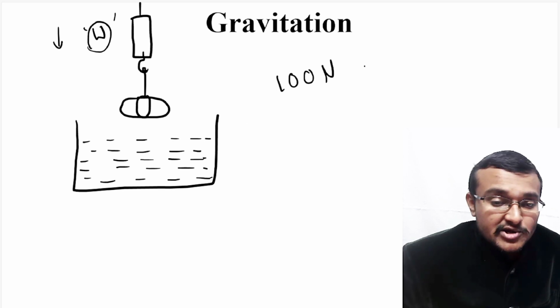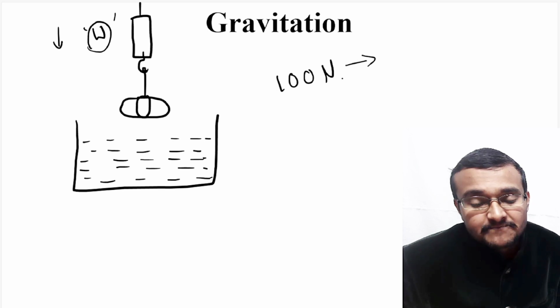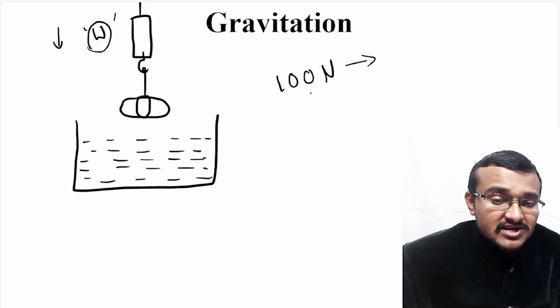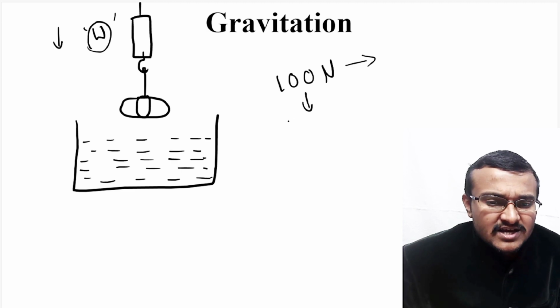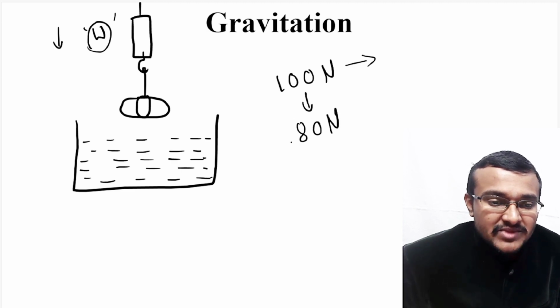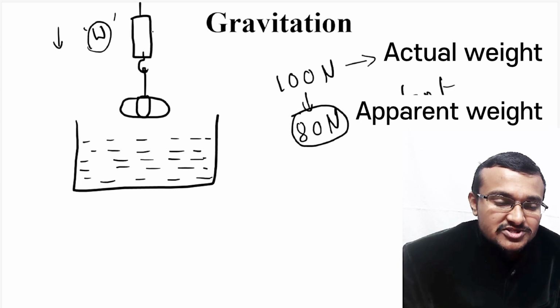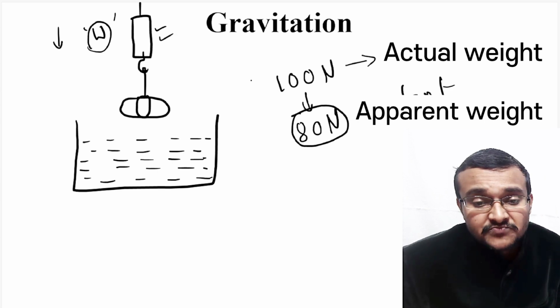I'm not talking about mass, I'm talking about weight. This 100 Newton will be reduced to a certain extent, for example to 80 Newton, and when the stone is completely immersed, this 80 Newton will be constant. Whenever the stone is put inside water, 80 Newton will be constantly shown on the weighing balance.